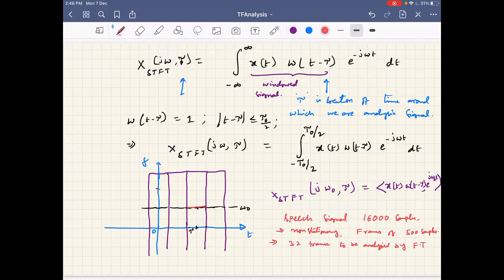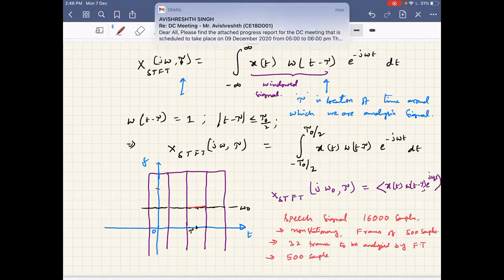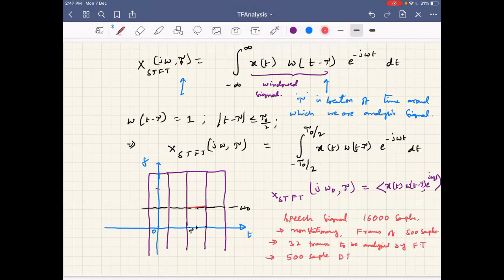For each of the 32 durations, we took a 500 sample DFT to analyze each frame.